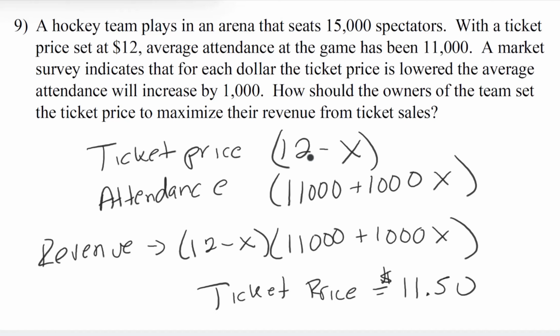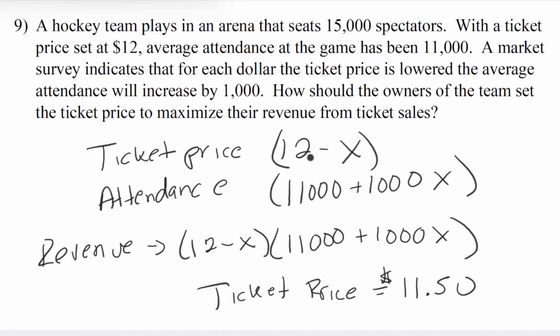So the ticket price started off at $12, and for every dollar it went down, it's basically minus 1x. That's why I didn't put the 1 there. And then your attendance changes too. Your attendance starts off at 11,000, and it goes up by 1,000 for every dollar you lower the price, so it's 1,000x.